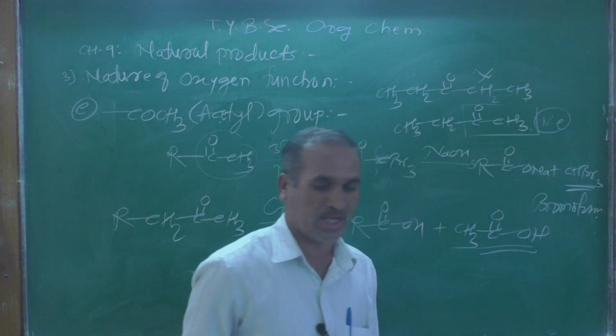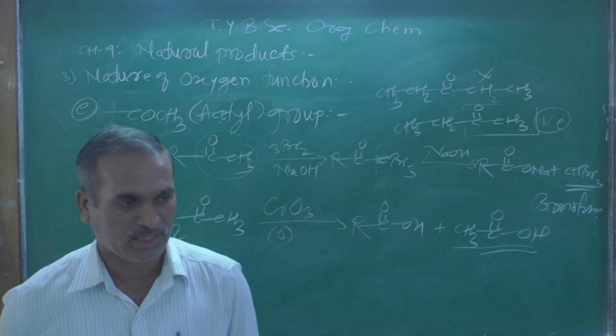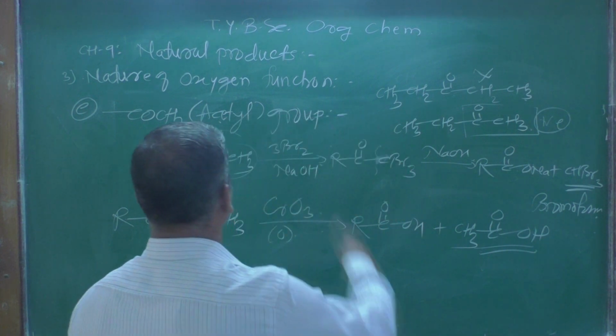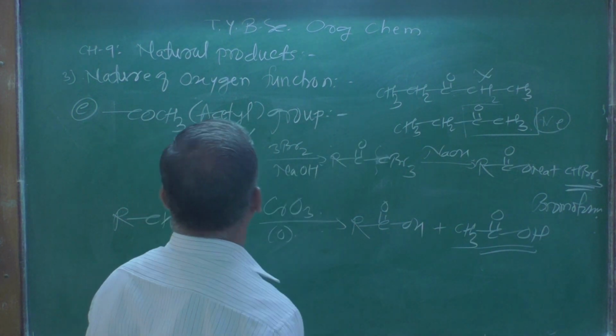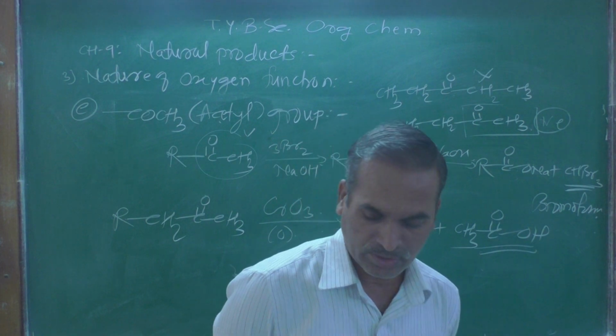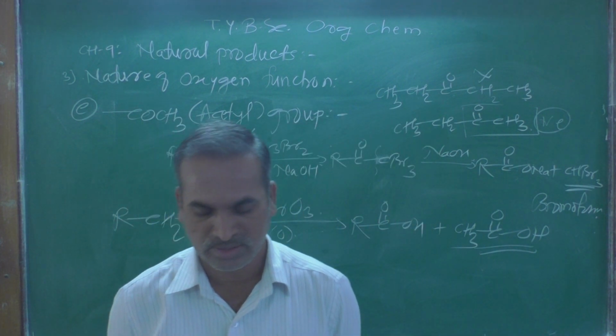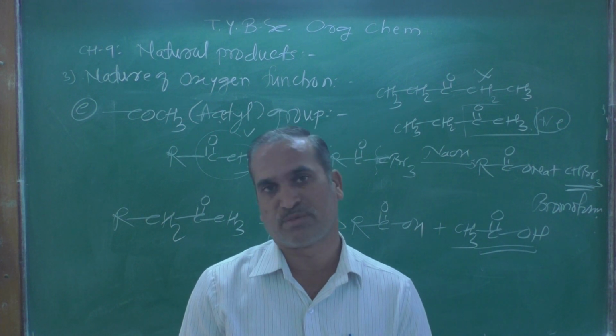Formation of acetic acid in such a reaction clearly indicates that an acetyl group is present in that alkaloid. So these are the nature of the oxygen function.